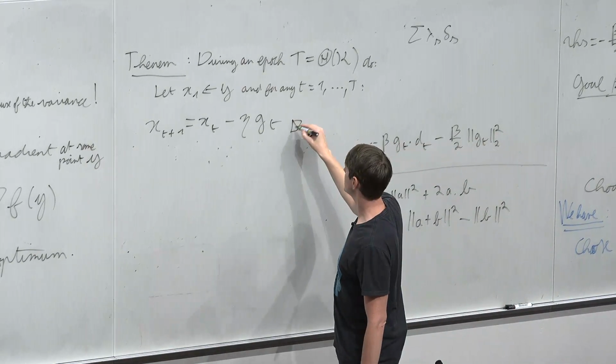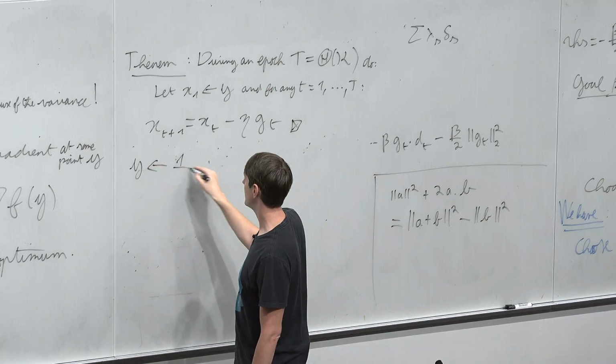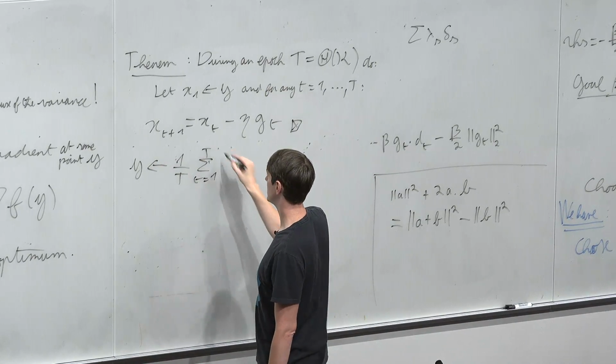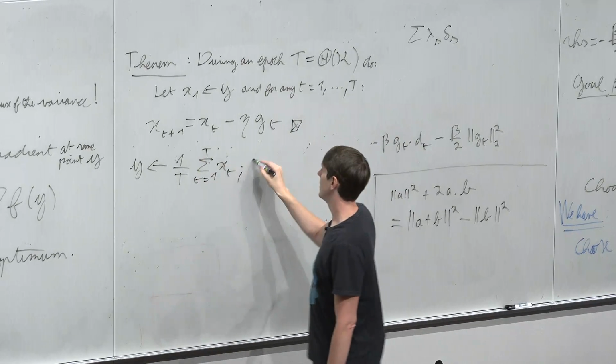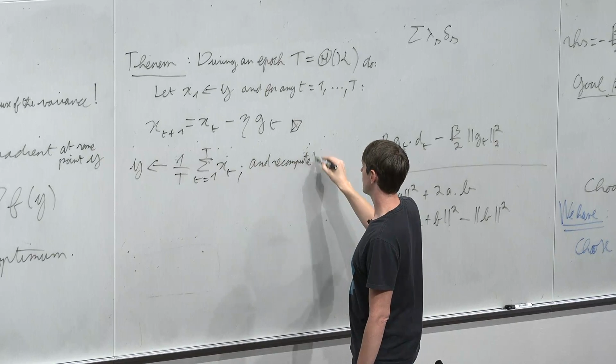Once this ends, I put in the new y the average, 1 over T, sum for t equals 1 to capital T of the x_t, and recompute grad f of y.